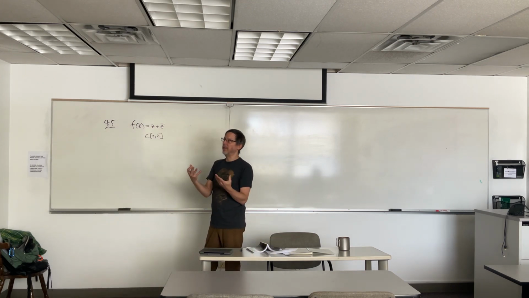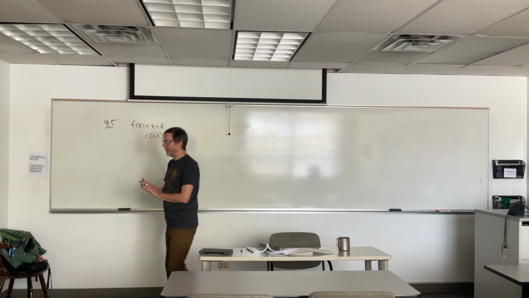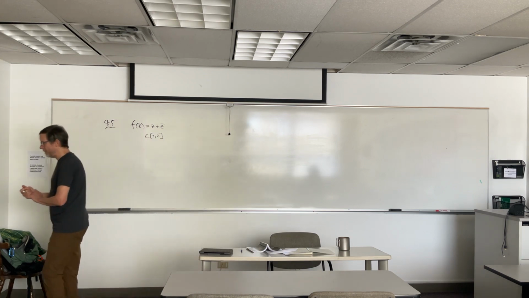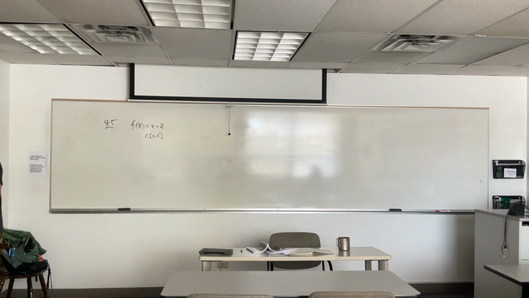In one of our lectures, I remember you saying that if we have a function f of z with a real and imaginary part, we integrate from a to b, h of the real part plus i times h of the imaginary part.